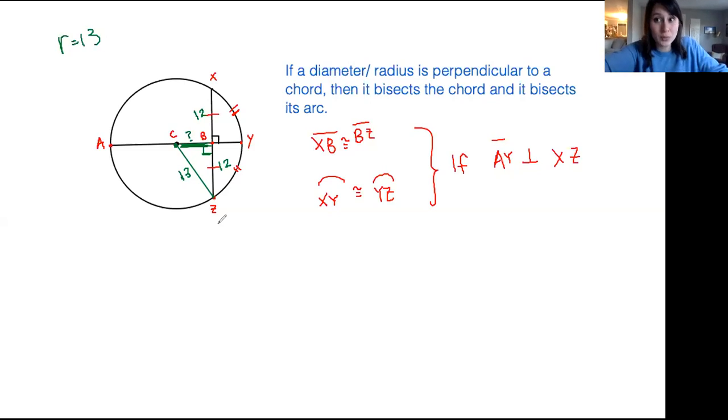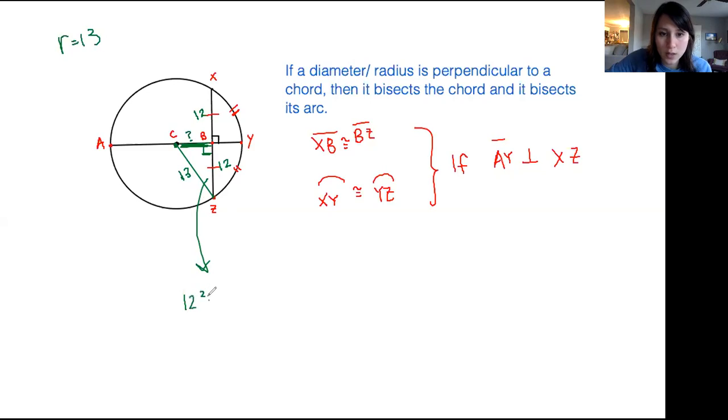Or if you know your triples, you can identify that this is actually one of your triples. So this is a leg. I'm looking for another leg, and I'm given the hypotenuse. So we're going to write 12 squared plus x squared, as that leg that we don't know, equals 13 squared. So 12 squared is 144 plus x squared. 13 squared is 169, I believe.